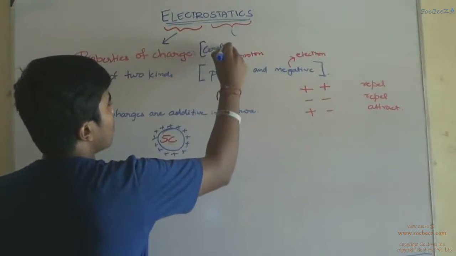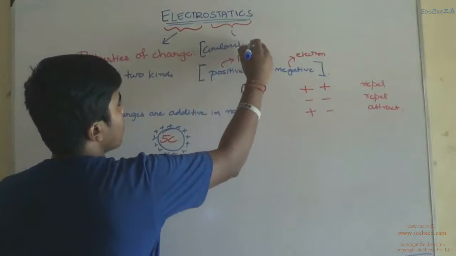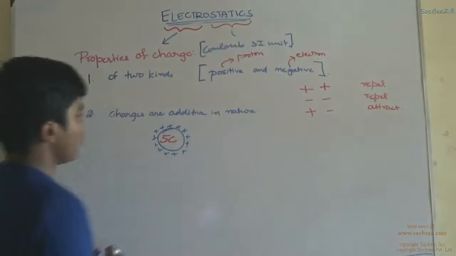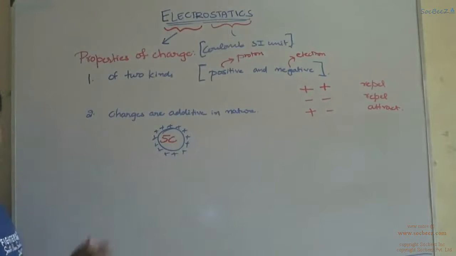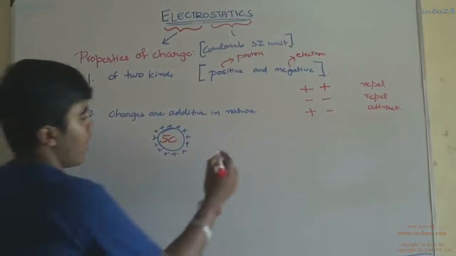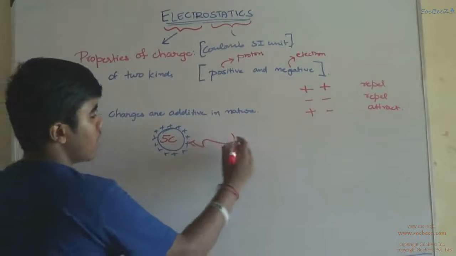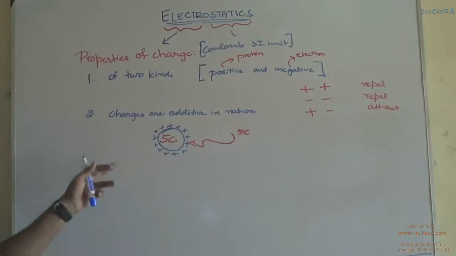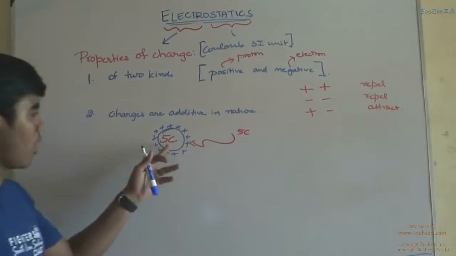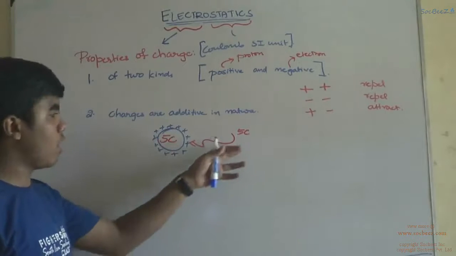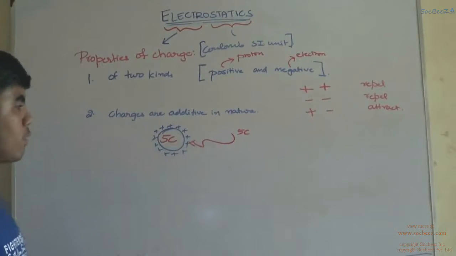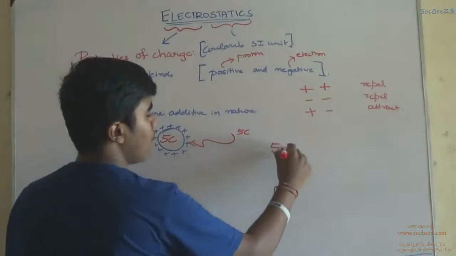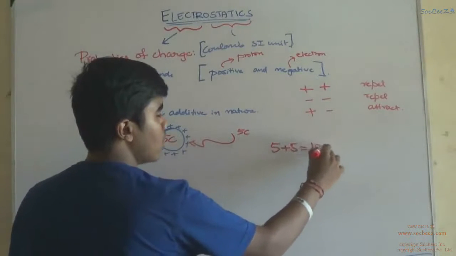Coulomb is the SI unit. So, suppose 5 Coulomb is the charge on a body, and someone additionally gives it 5 more. Here the body already has a positive charge of 5 Coulomb, and it also gains a positive charge of 5 Coulomb from somewhere else. So, the net charge will now become 5 plus 5, which is equal to 10 Coulomb.